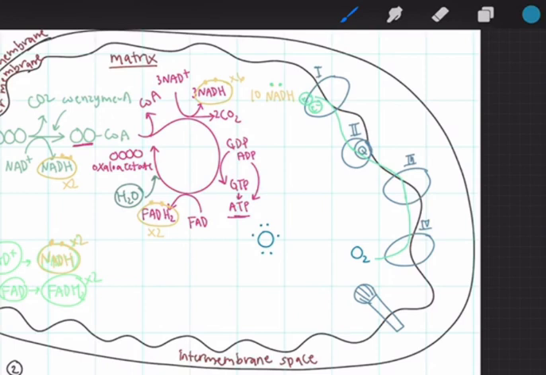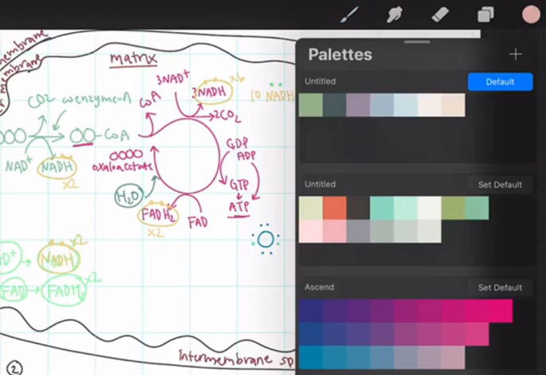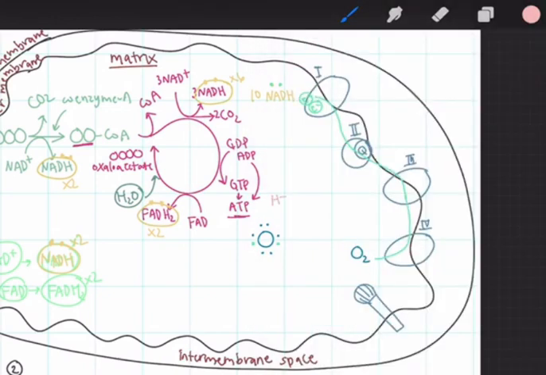So an oxygen atom has 6 electrons, 1, 2, 3, 4, 5, 6. This is a Lewis dot structure. When these 2 electrons are shuttled through this electron transport chain, the electrons are going to help make an octet with one of the oxygen atoms. So now you have these 2 electrons making an octet. Remember, in the matrix, there are also protons floating around.